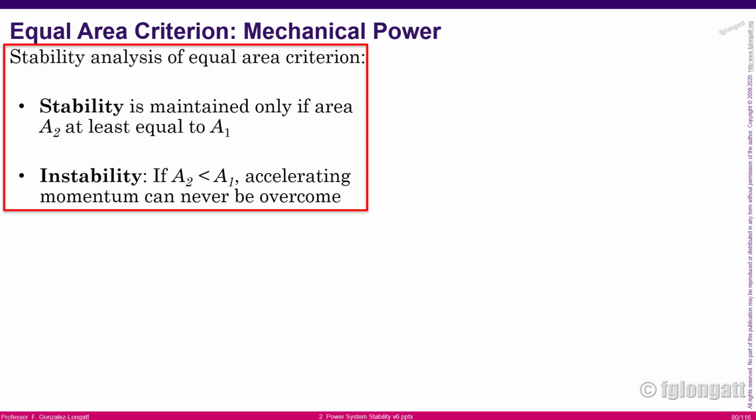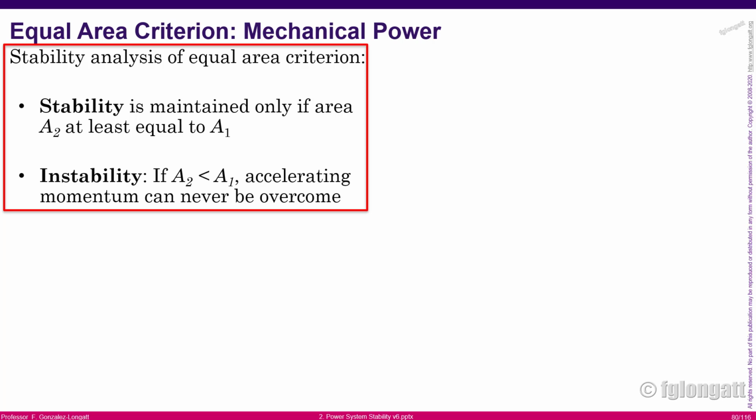Well, what is the conclusion here? The conclusion here is quite interesting. Equal area criteria can be used to identify transient stability, okay? What you need to do is identify if the accelerating area can be equal to the decelerating area, okay?